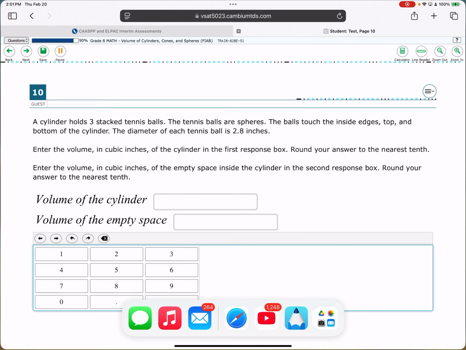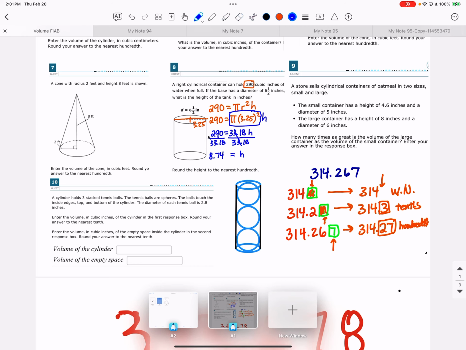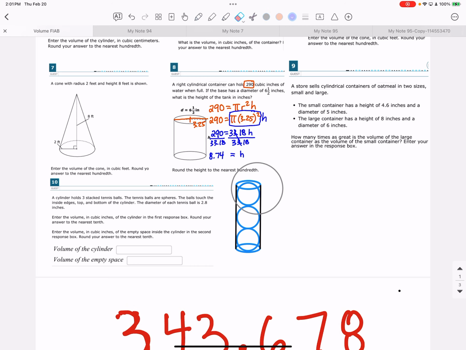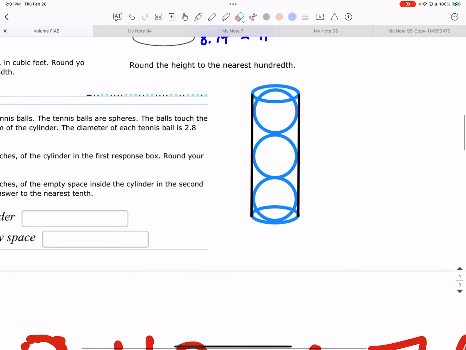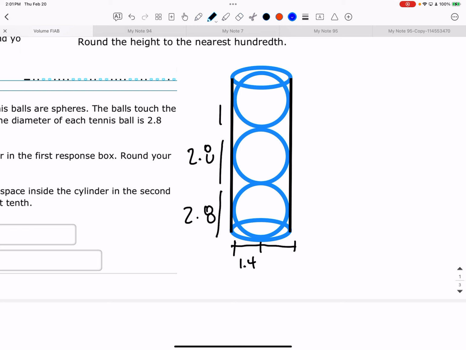Okay, so I'll do this one over here. 2.8 is how much these are, 2.8 across. So halfway across is 1.4. And up is 2.8, and up right here is 2.8, and up right there is 2.8.